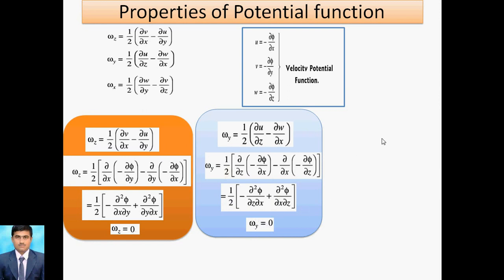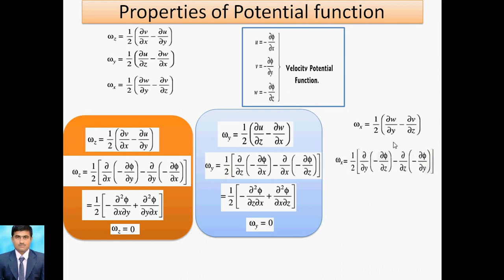Similarly, we go for the x component, that is ωx. ωx is equal to half of ∂w/∂y minus ∂v/∂z. If you put the value of ∂w/∂y, w is minus ∂φ/∂z, and v is minus ∂φ/∂y.